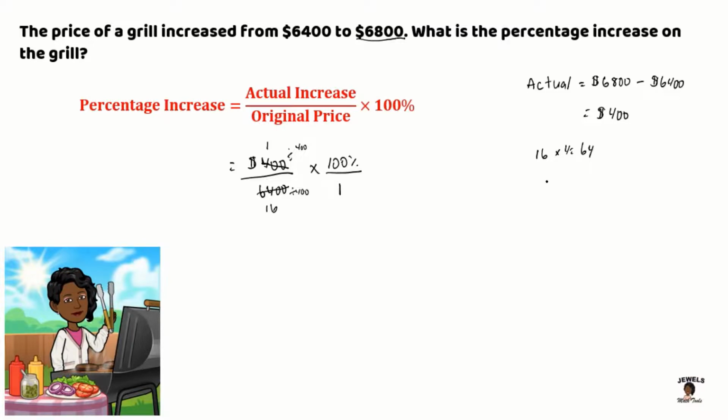So that means that I can apply that knowledge and then use the 400 to divide into my 64, which would also give me 16. So I know the numbers seem a bit big, but remember that our multiplication is still our multiplication no matter how many zeros are added on to the end of these numbers.